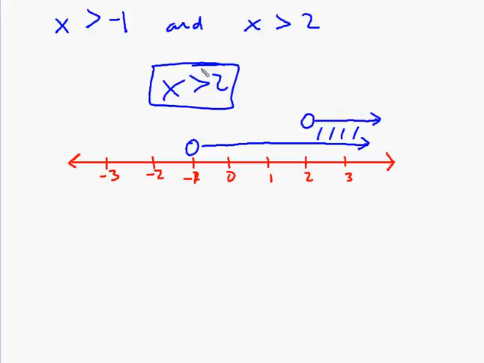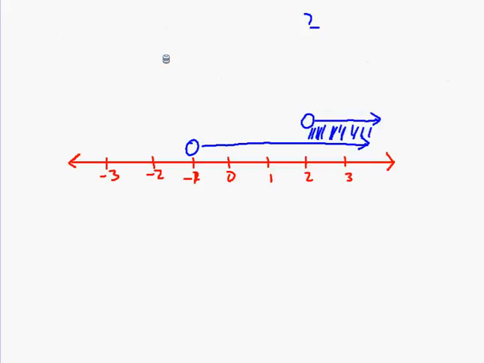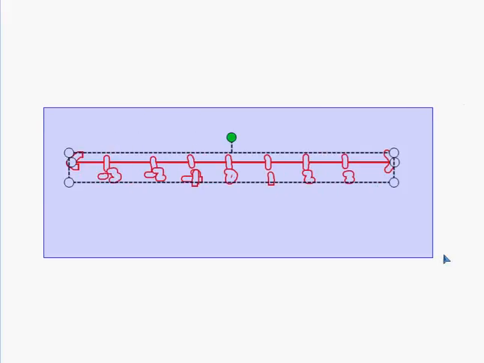It starts right here, just after 2. So x is greater than 2 is where it starts. All right? Do that, and then I just got a wonderful solution to this problem. Okay, now I have copied that.